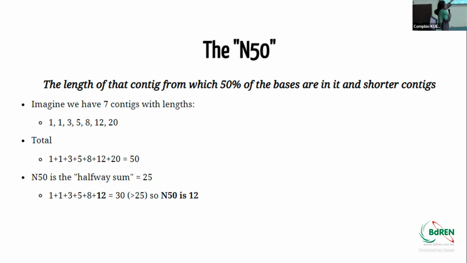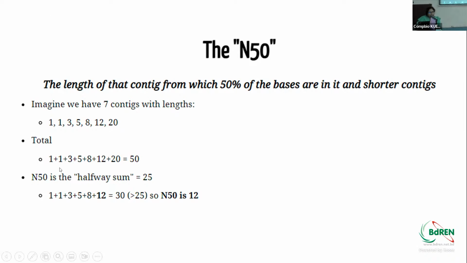So these are in order, and then you calculate the total of them. The total summation is 50. Since this is only 7 contigs, it is easier for us to calculate, but for 1,000 contigs, we need software. You can also easily write a script for calculating this type of assembly statistics.